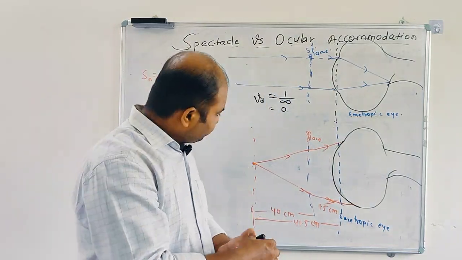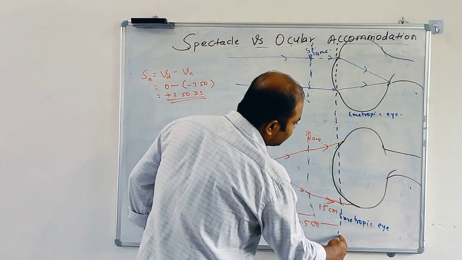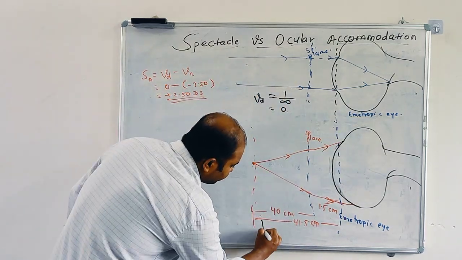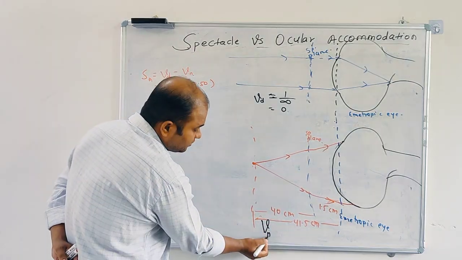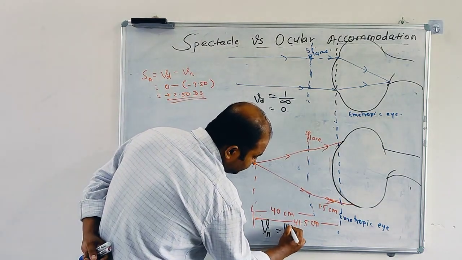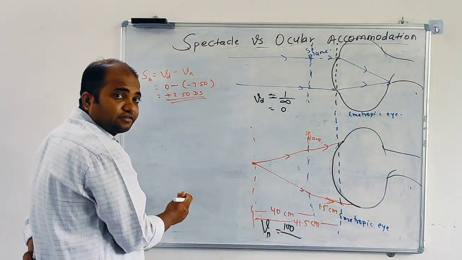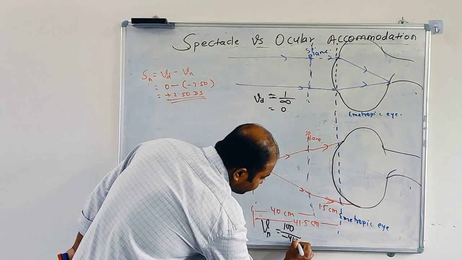Now if I want to know the vergence of light at this point, Vn means the vergence of light when the light is focused at a near object. So this is 100 by minus 41.5, as this distance is on the left side, which is called negative.